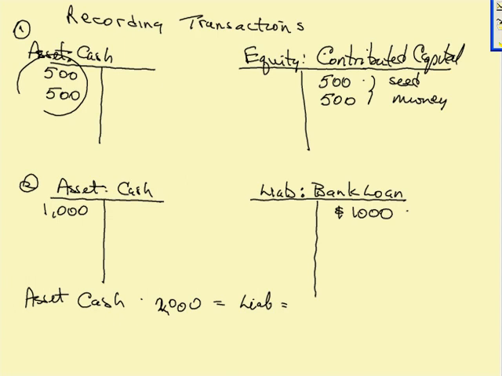And our liabilities, we have a bank loan, and that's $1,000. And in our equity account, we have the money you put up, so we have $1,000. So our assets equal our liabilities plus our equity: 2,000 equals 1,000 plus 1,000. So that would be a snapshot of where we are at this point. Let's record a couple more transactions.